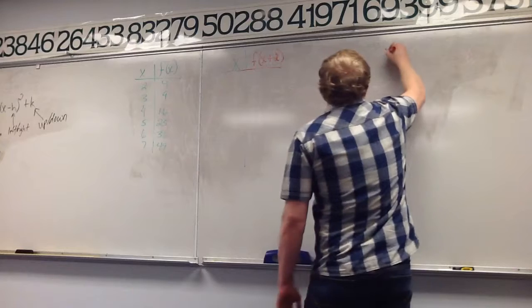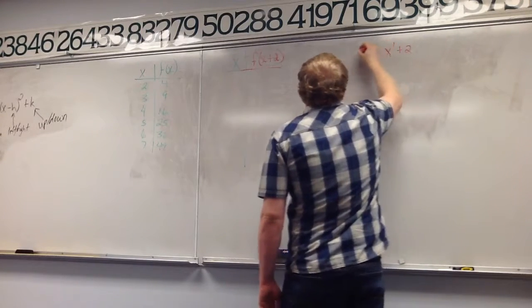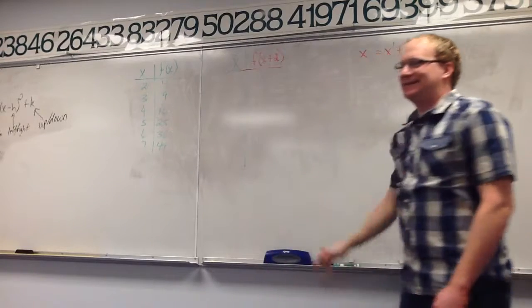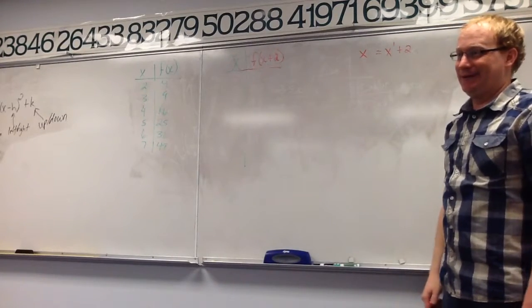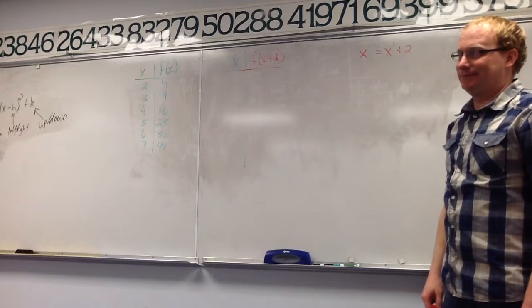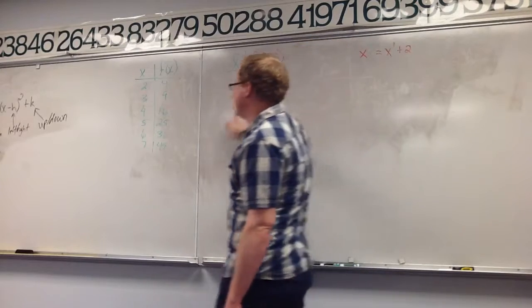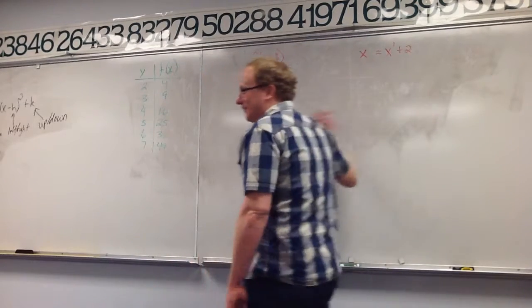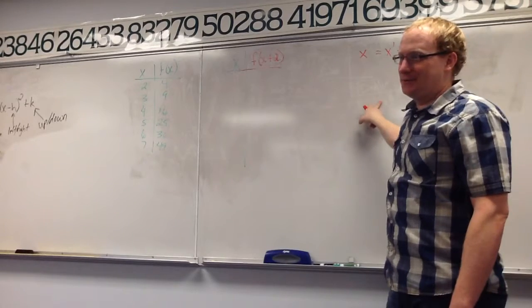That's x prime, right? Your x is going to turn into x prime plus 2. So then, to figure out what your new x's are, you just solve that equation for x prime.